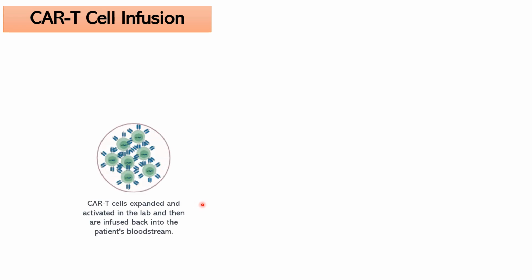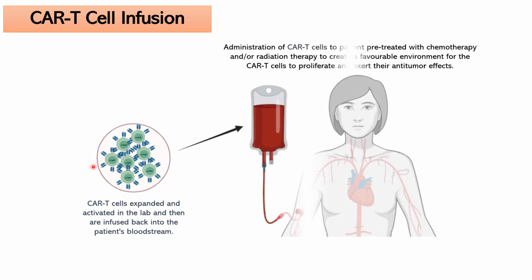After creating the CAR T cells, the CAR T cells are expanded and activated in the lab, okay? And then they are infused back into the bloodstream of the patient.